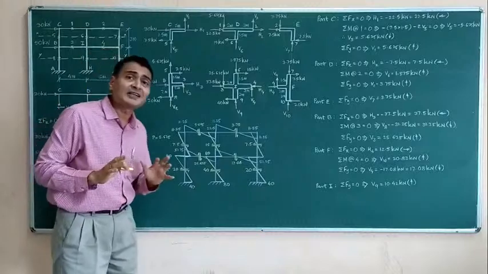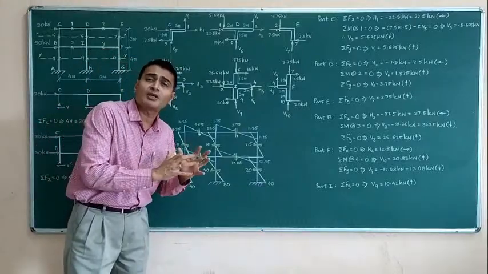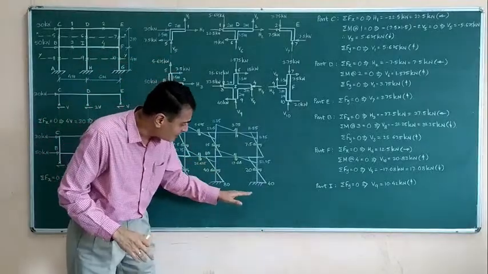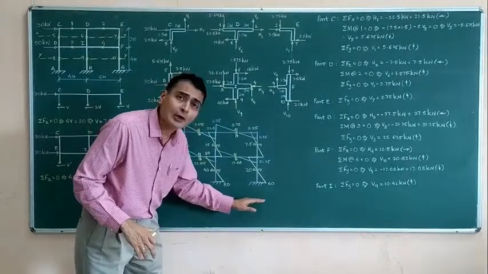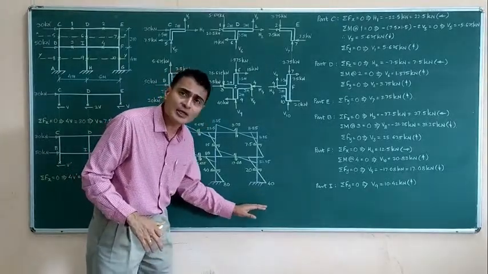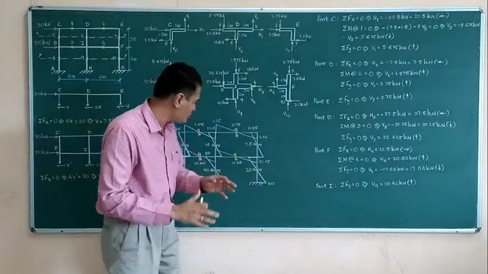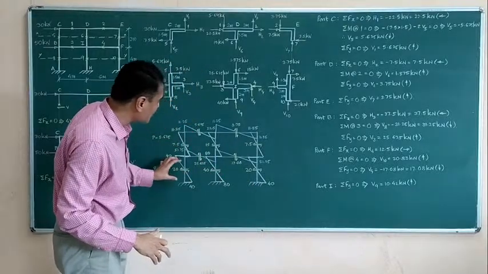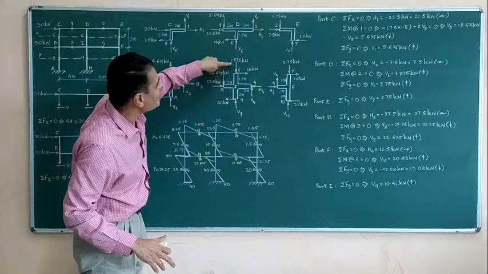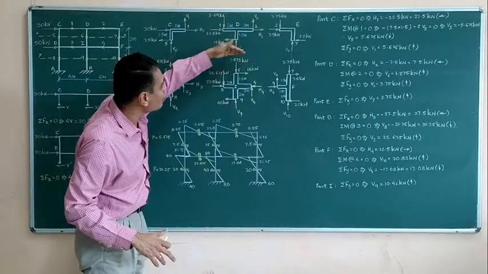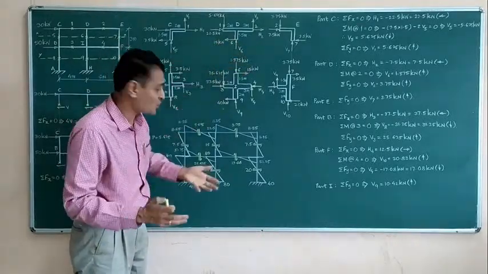I have not written any units because the drawing becomes too complicated. You can write bending moments in kilonewton meter, shear force in kilonewtons, axial force in kilonewtons. You can mention like this. So these two are in tension. Similarly, if you observe this force, it is 1.875, but a pushing force means it is compression.